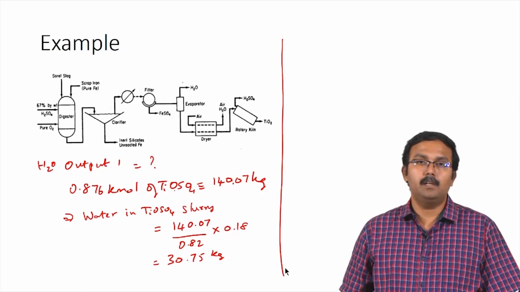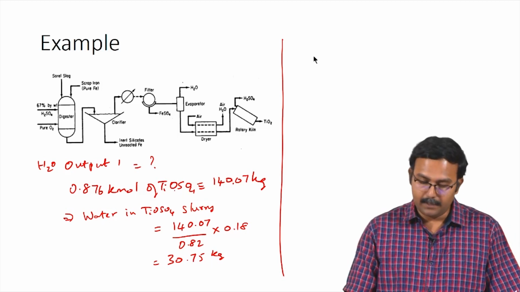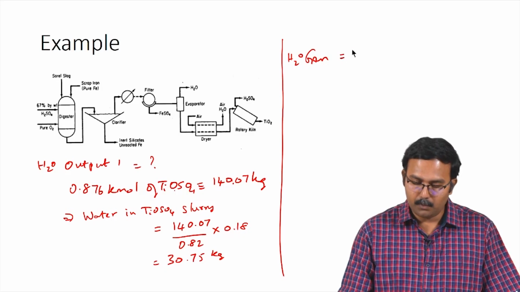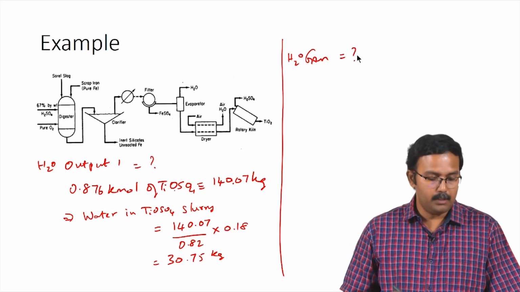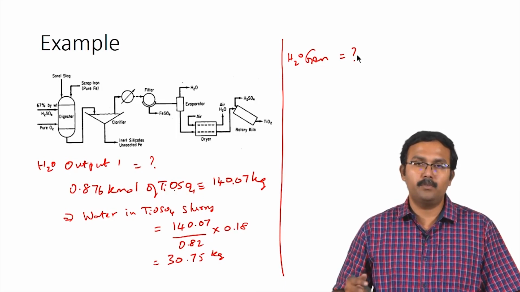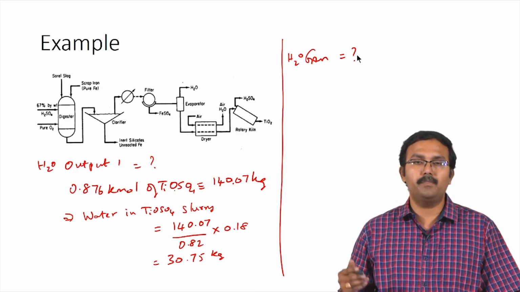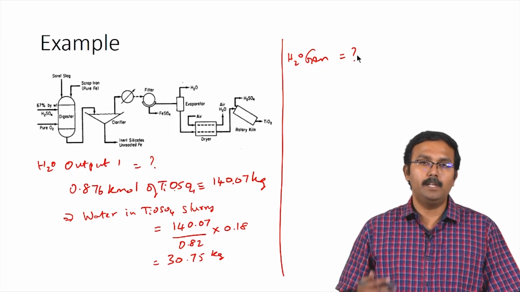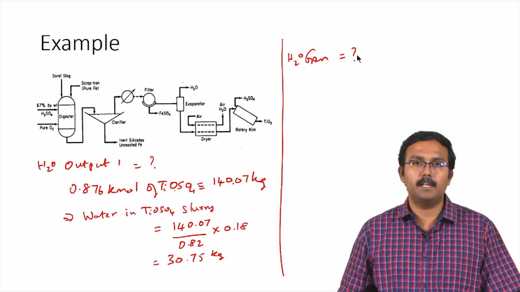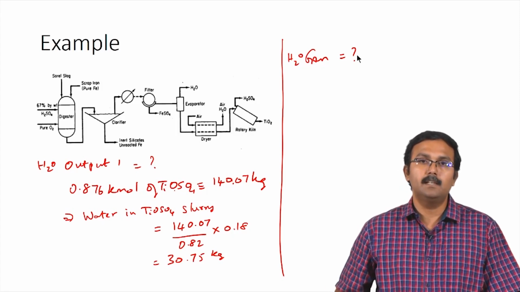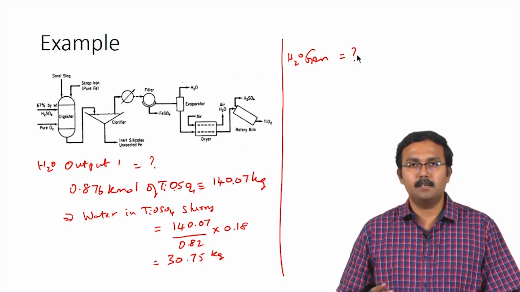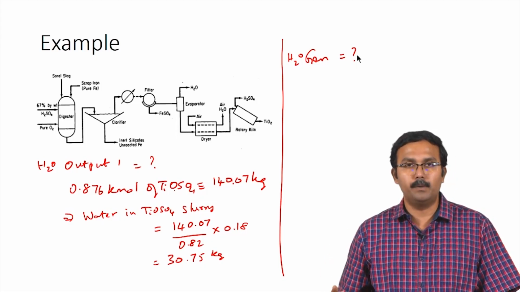Now, we need to calculate the amount of water which is generated. So, water generated is equal to what? Based on the stoichiometry, for every mole of H2SO4 consumed, there is 1 mole of H2O produced. There are two equations, both of which follow the same stoichiometric ratios. So, for every mole of H2SO4 consumed in the digester, 1 mole of H2O would have been produced.